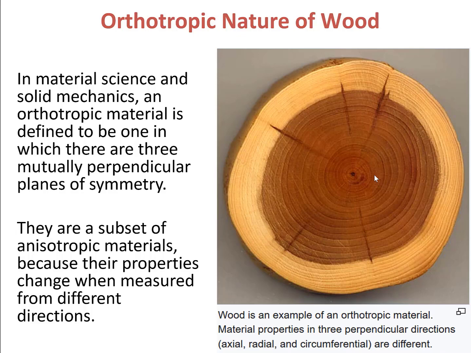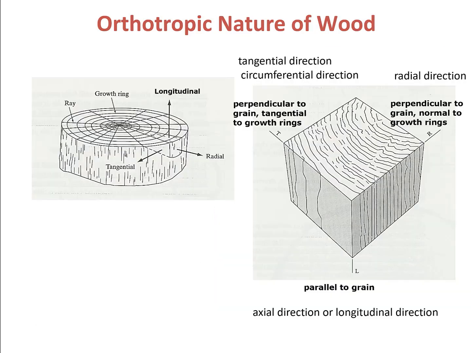These are the axial direction along the grain, the radial direction, and the circumferential direction. The radial direction and the circumferential directions are perpendicular to the grain. So from this figure, you can see this is the longitudinal direction or the axial direction, which is parallel to the grain.